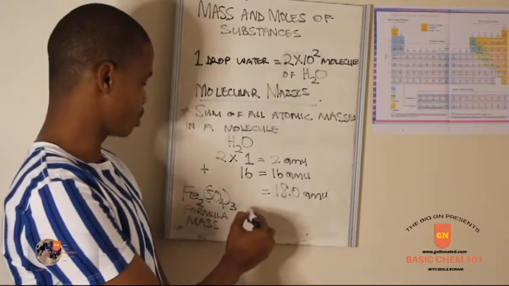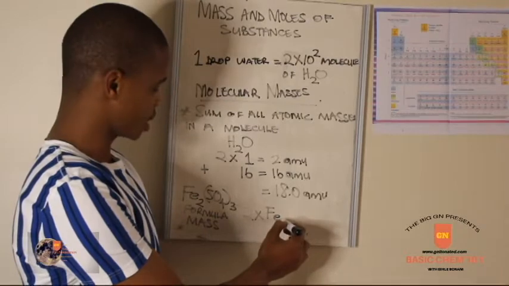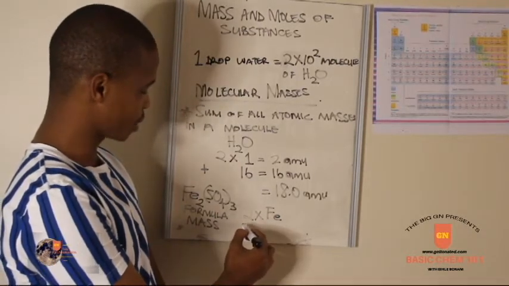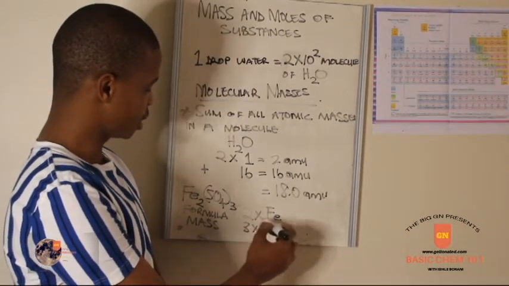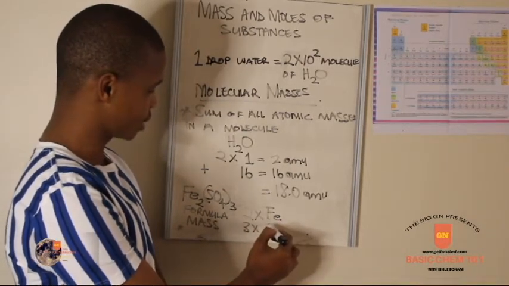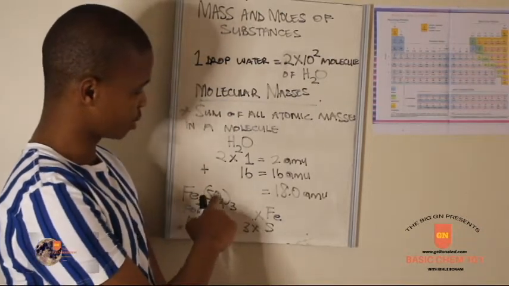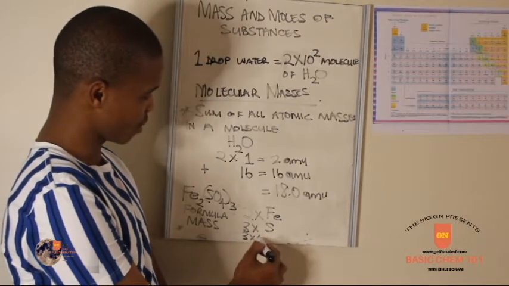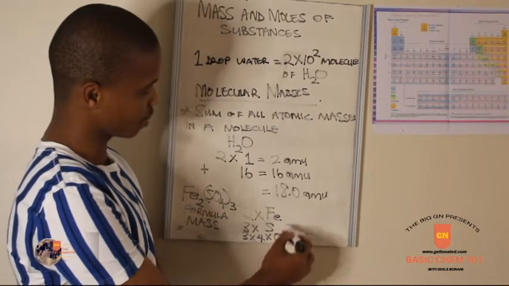So for this one, you will have 2 times the atomic mass of iron, and then 3 times the atomic mass of sulfur. Then you have 3 times 4 times the atomic mass of oxygen.